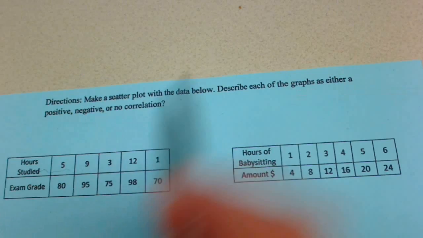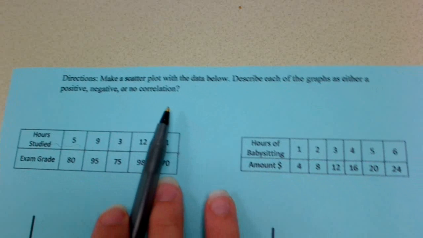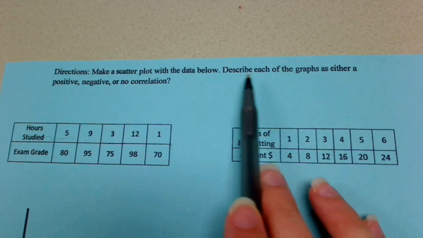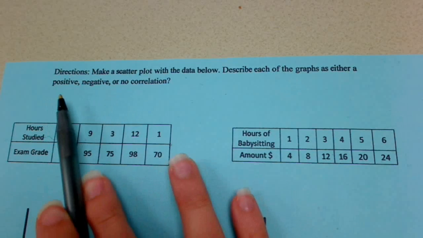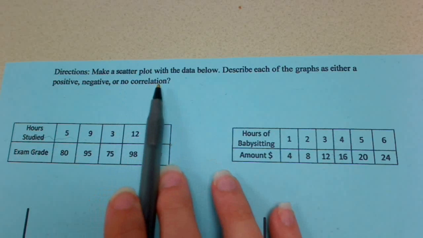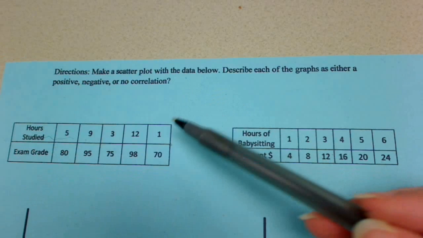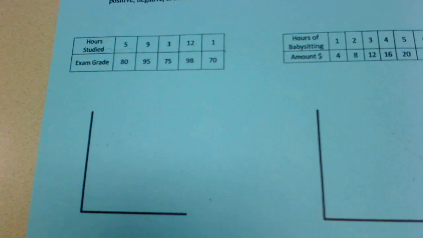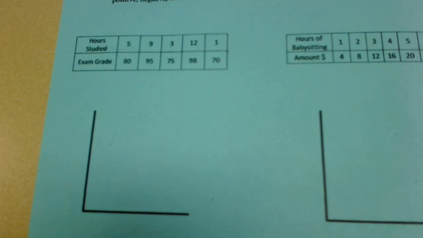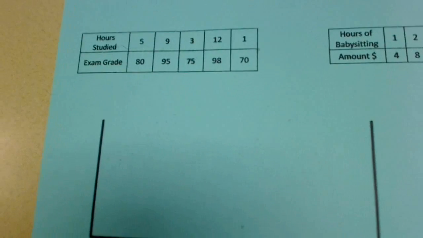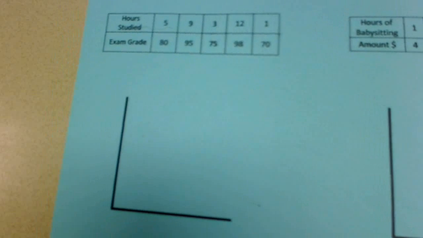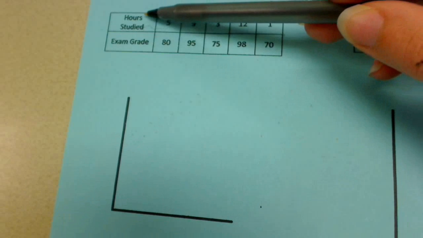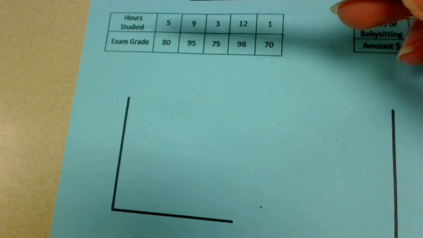The hours studied. What we're going to do is make a scatterplot with the data below. We're going to describe each of the graphs as either a negative, a positive, or no correlation. This first graph shows the number of hours studied and the exam grade.